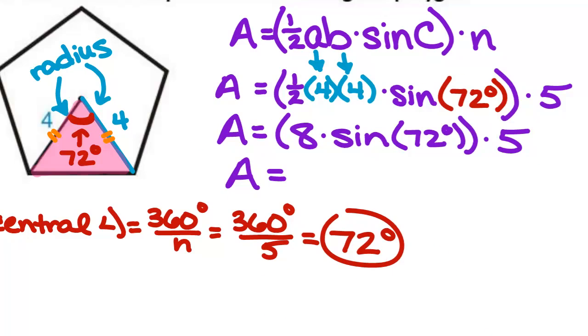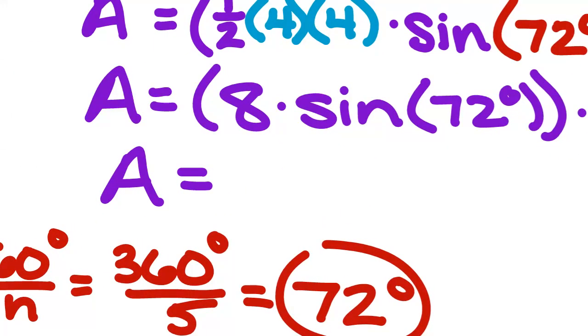Again, you can type it in with the 1/2 times 4 times 4 times sine of 72 times 5. Or we can simplify that front piece, so what we're typing into the calculator is 8 times sine of 72 degrees times 5. What do you get when you put this one in the calculator?